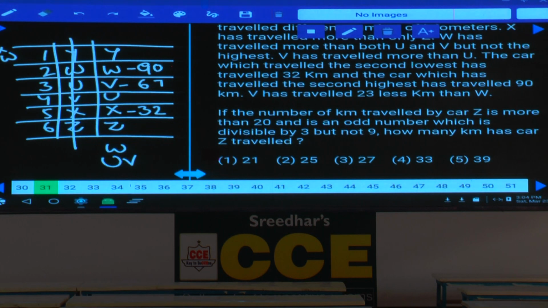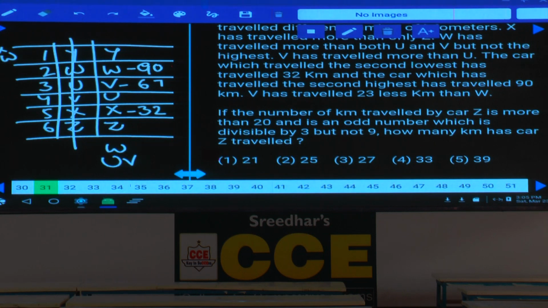Then coming to question number 66. The number of kilometers traveled by car Z: Z is more than 20 and it is an odd number which is divisible by 3, isn't it? Hence it must be between 20 and 32.